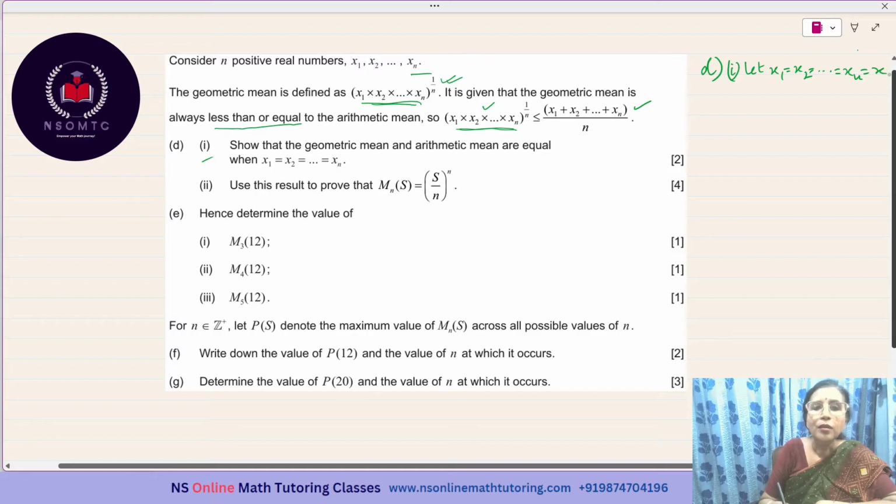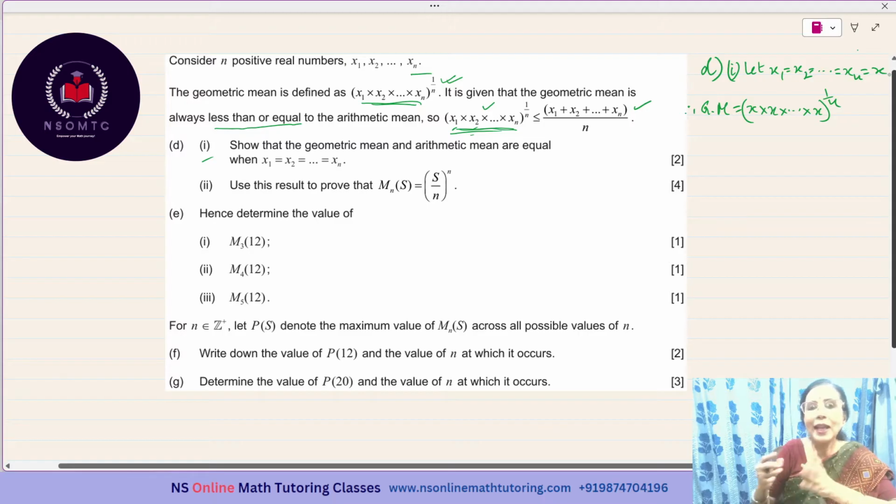So, on the left hand side, the geometric mean is equal to, each of these numbers is equal to x, so this is equal to (x times x times x times dot dot dot times x) raised to the power of 1 over n. And how many x are we having? There are n numbers, so we are having n x's. When we have 2 x's, x times x is x squared.